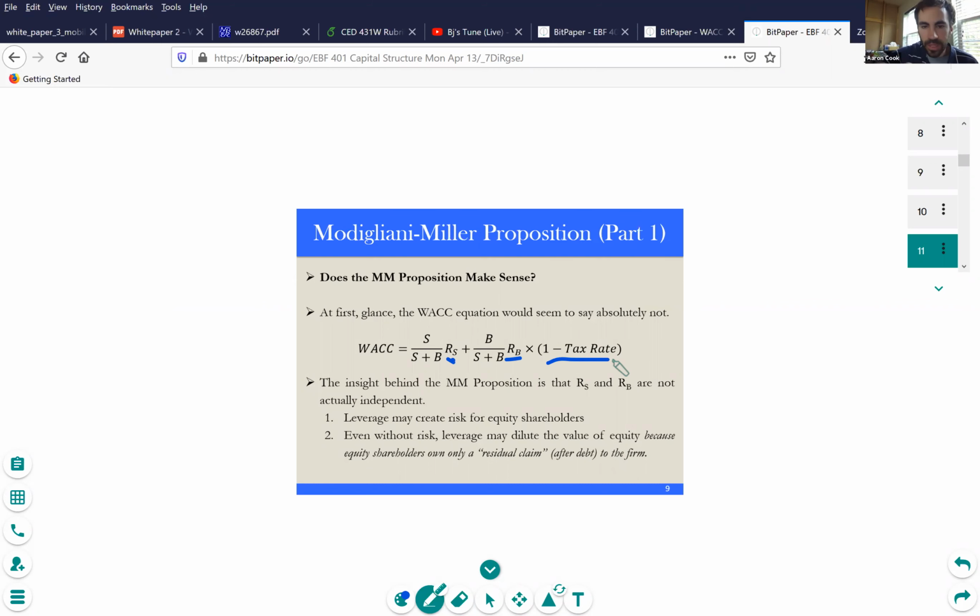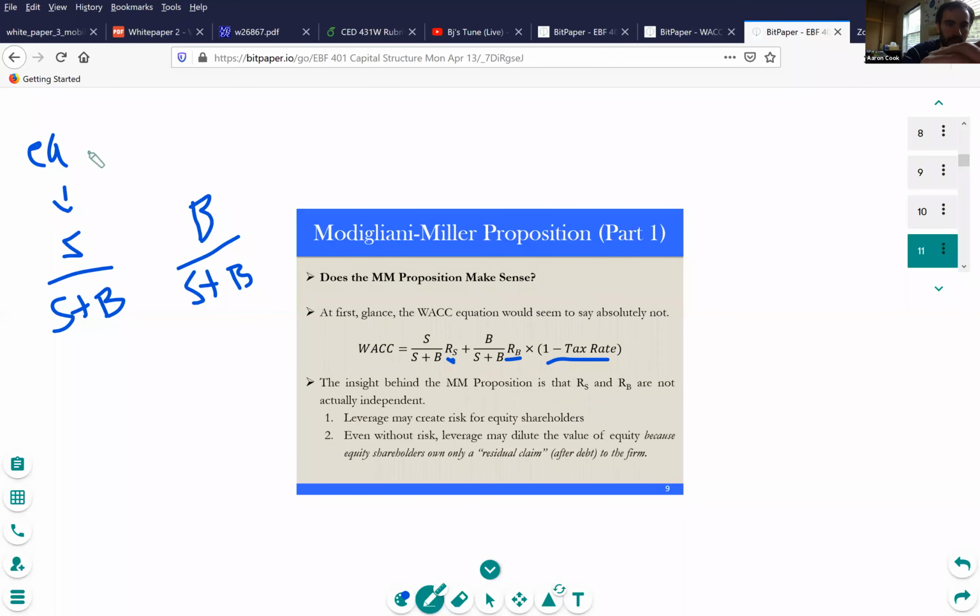And so if you look at this equation, it might appear that you might be able to change your WACC or your cost of capital by changing the share of your firm that is equity financed versus debt financed. These are the shares: equity share, and this is the debt share.